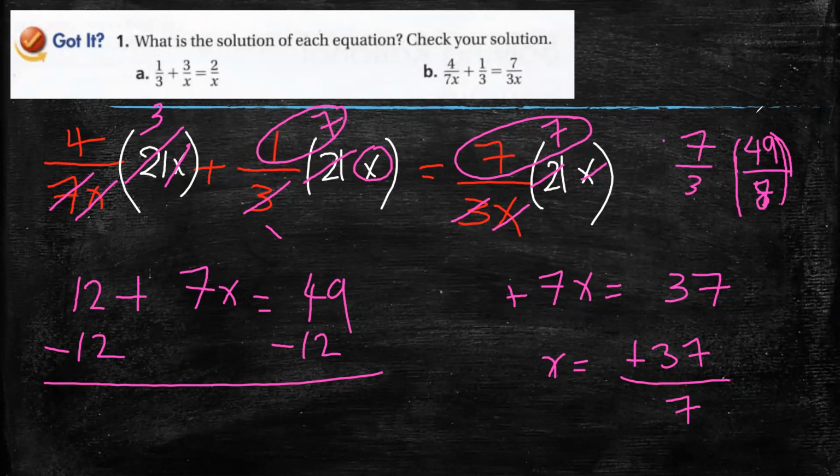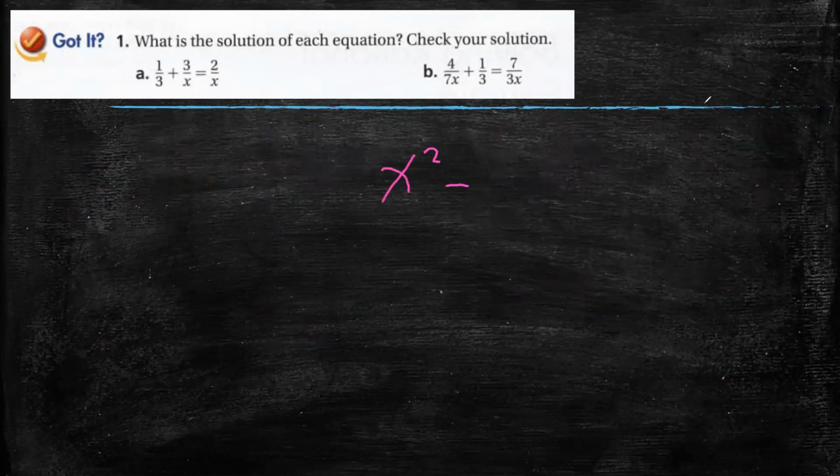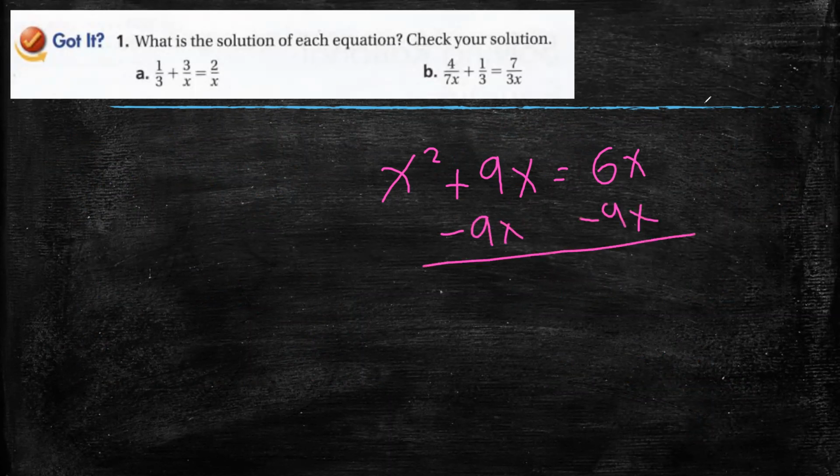Yes, you can. It is like x squared plus 9x equals 6x. Yes, you can make it like this. Then you have to say x squared is negative 3x.